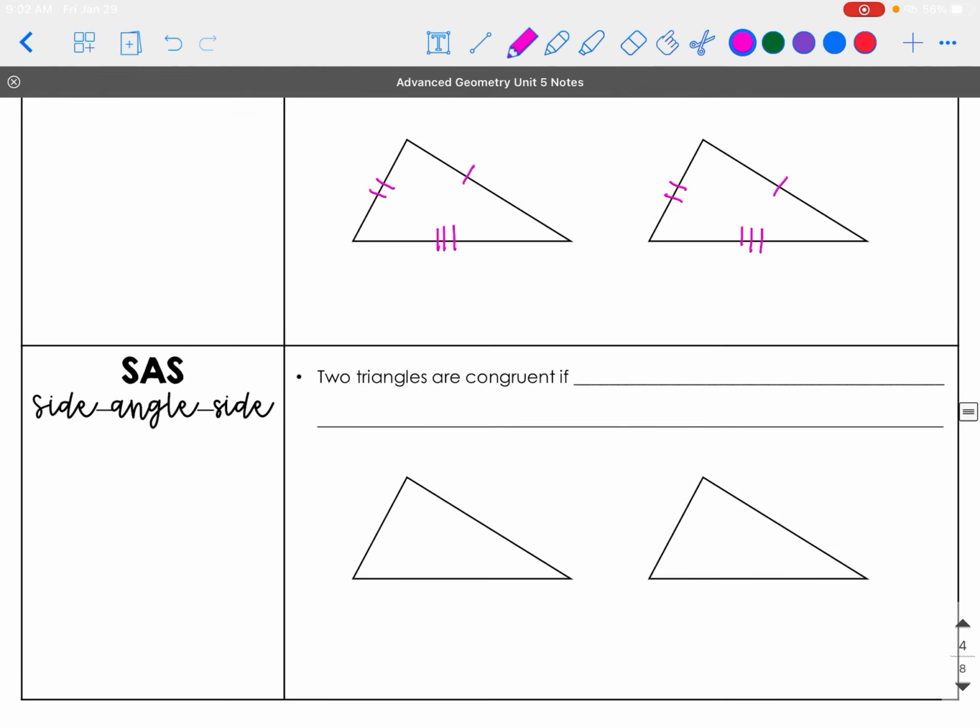Then we have what's called SAS, side, angle, side. And we only need to know 3 things. So we know that 2 sides and their included angle are congruent.